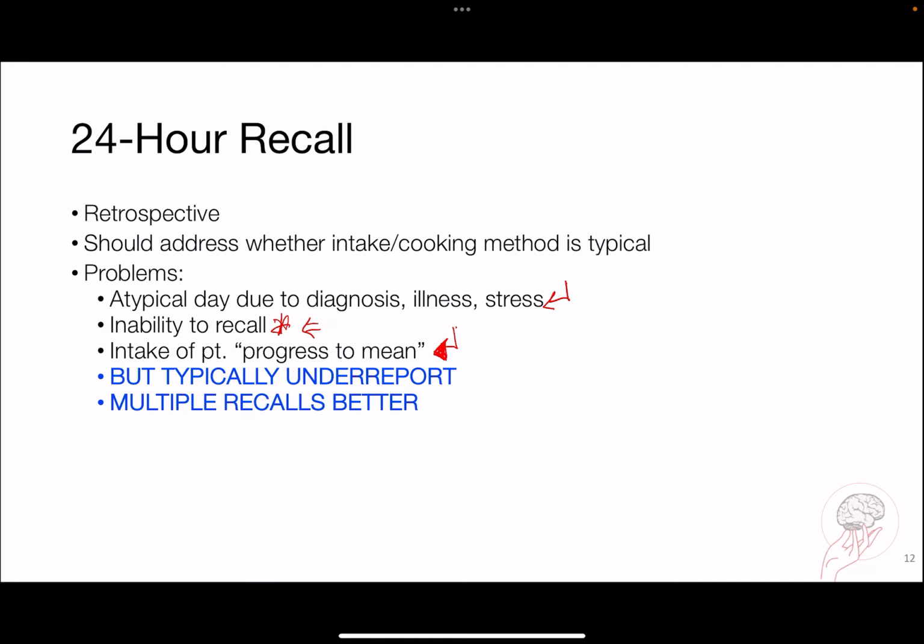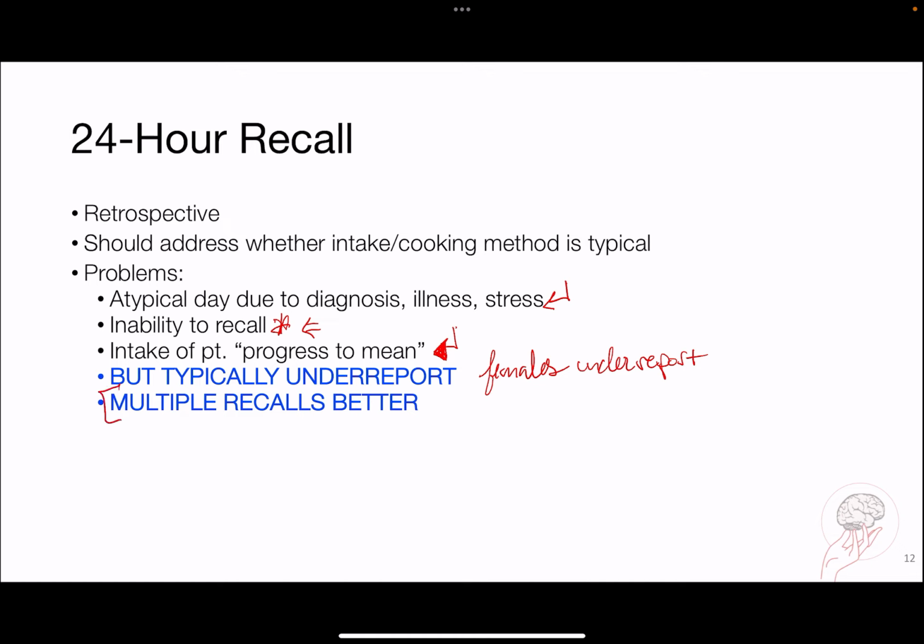But people typically underreport, and there are sex differences. Females tend to underreport more. Some have an age group interaction, so adolescent males sometimes overreport, so they'll overestimate how much they ate.